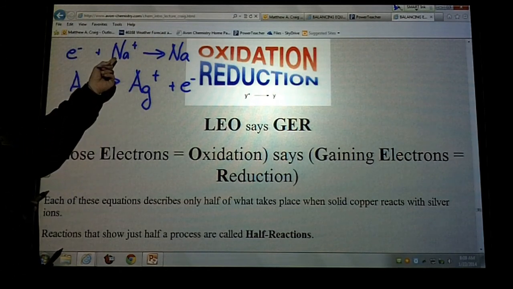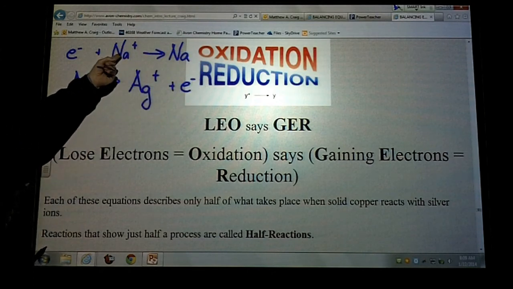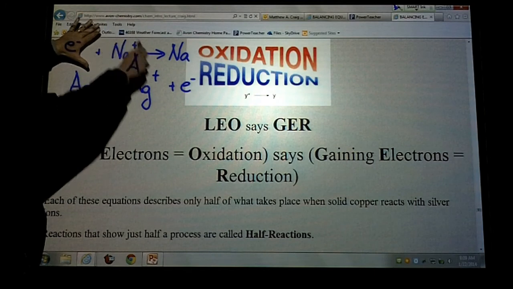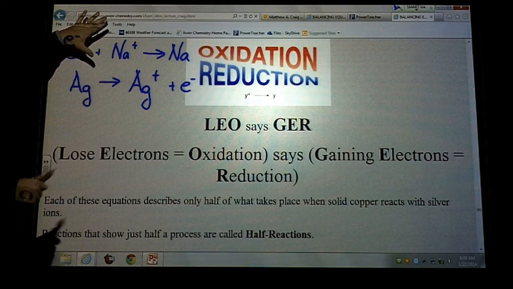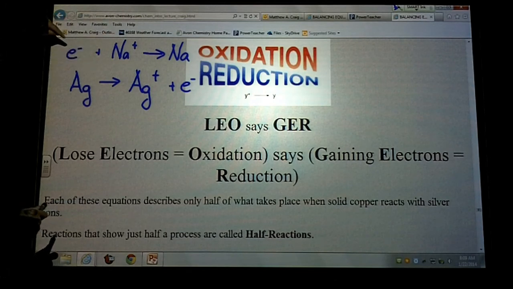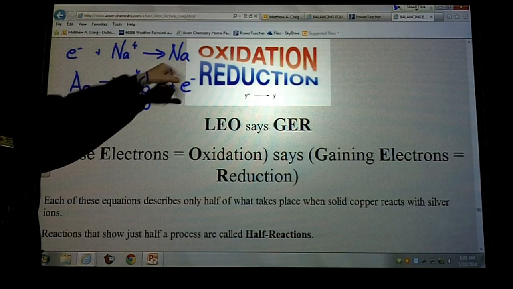And what has happened is that sodium has actually become more negative. How? Because over here, as it stands alone, it only has, I think it's 10 electrons, so the same electron configuration as helium. If it gains one more electron, now it has all 11 of the electrons.